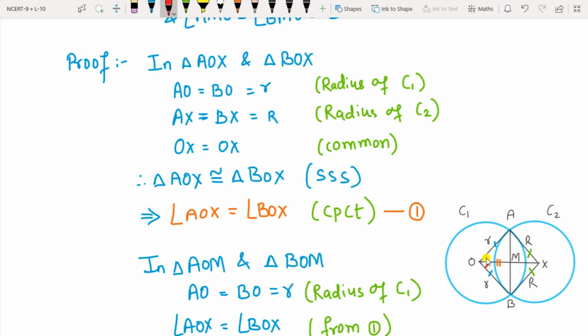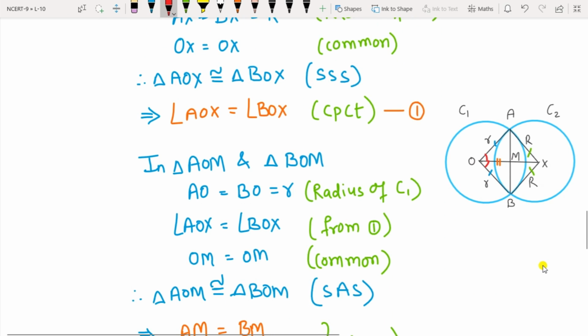And just now we have proved that angle AOX is equal to angle BOX. Similarly angle AOM will be equal to angle BOM, since M lies on OX. The third thing is OM is common for both these triangles, so OM equals OM, and therefore these two triangles are congruent to each other by SAS axiom.